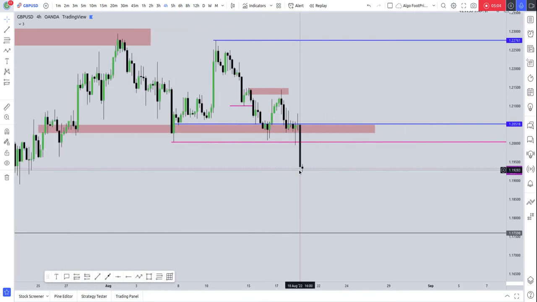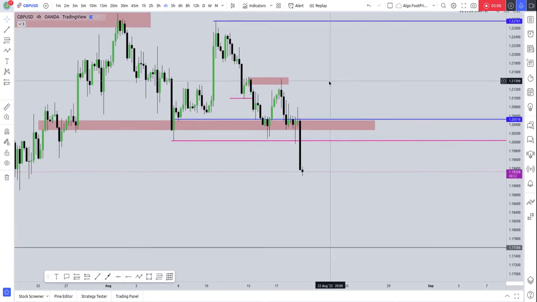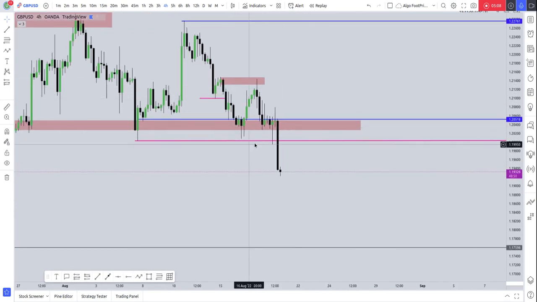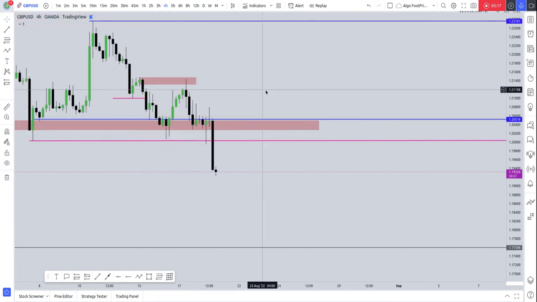I want you to take note that when these candles closed below previous week's low, price came back up.